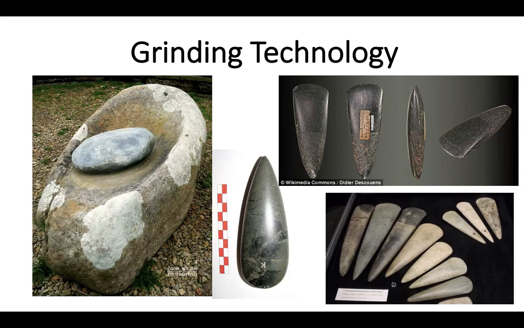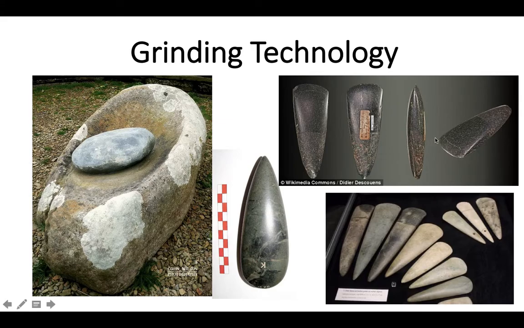Now coming to the grinding technology. What is this grinding technology? It's basically making the polish. So you have to grind the edges. The reason they use grinding is to make the tool sharp and also polished, so it is easy to hold, or easy to place in the hand.